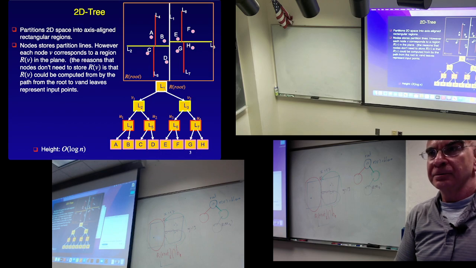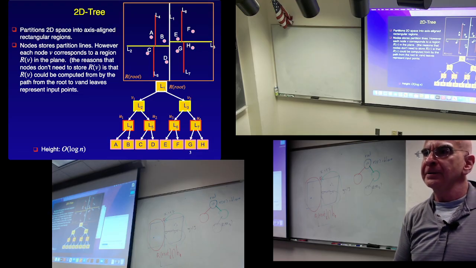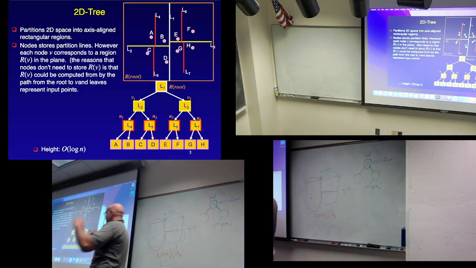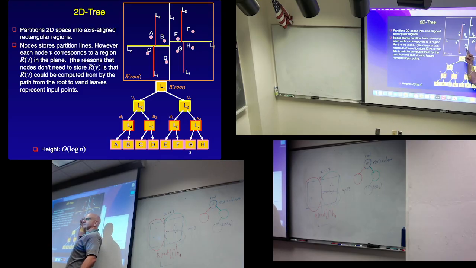So to build it, I need to sort the points. If I have to sort them, then it's at least n log n. But if they are sorted based on x, and also sorted based on y, then I look at them sorted by x, pick the median, and split them into two halves. So it takes linear time.